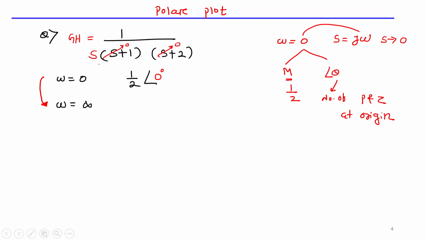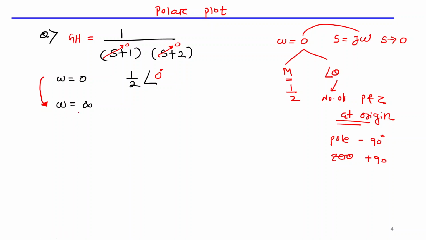For every pole at the origin, the angle will be minus 90, and for a zero it will be plus 90. So if the transfer function had a pole at the origin, you would write minus 90. Now the pole is not there, so you write 0, because at omega equal to 0 the angle is given by the poles and zeros at the origin. That's why this angle is 0 degrees.